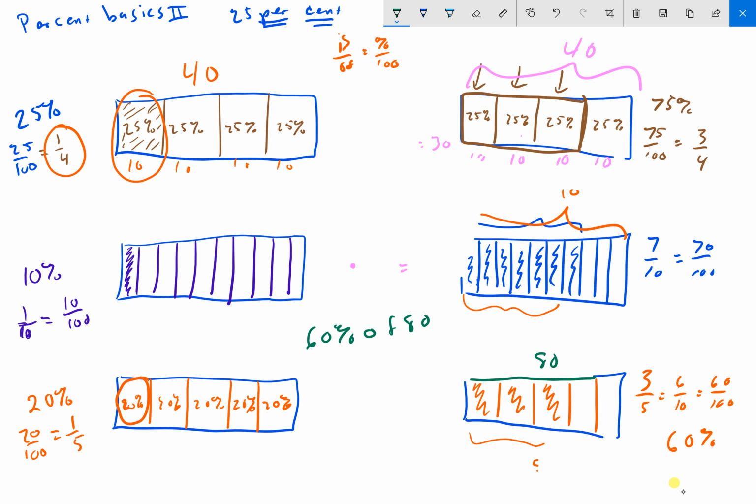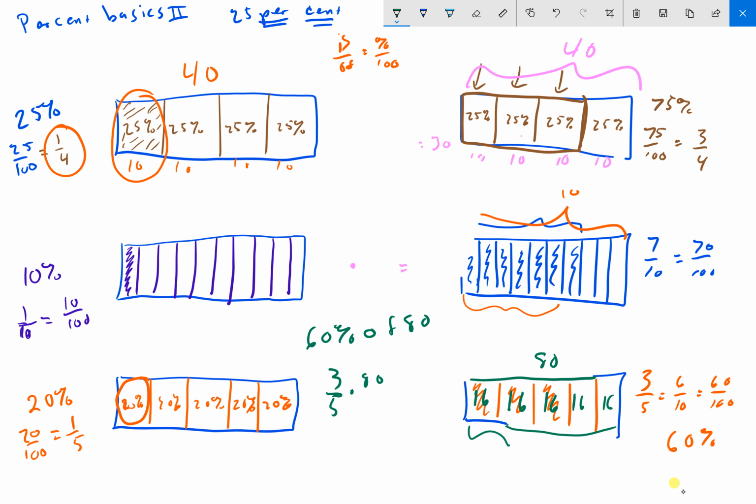I know that 60% is going to be, let's see, well, I don't know what 60% is, so I could change it into 3/5 times 80, and I know that 5 goes into 80. Oh, let's see, 80 divided by 5 is 16. 16, 16, 16, 16, 16.